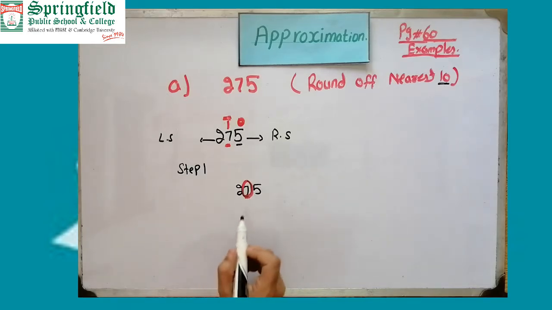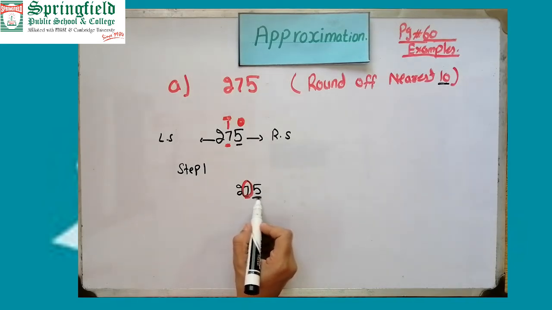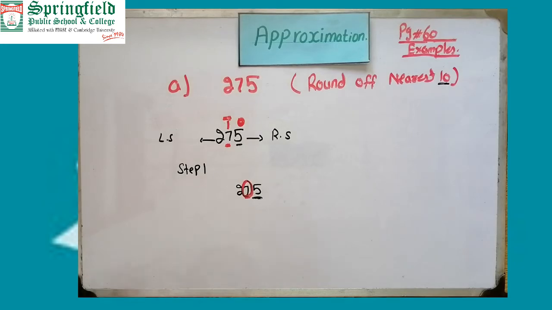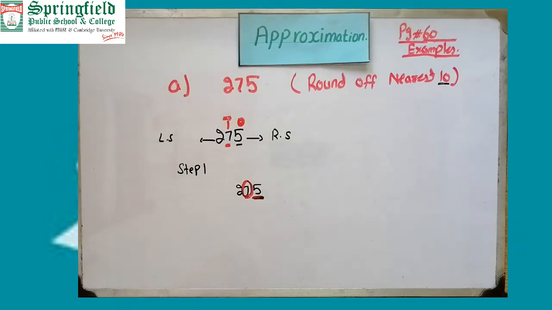Now look at the digit after the circle. This one is the 5. In the second step we will underline this digit 5.